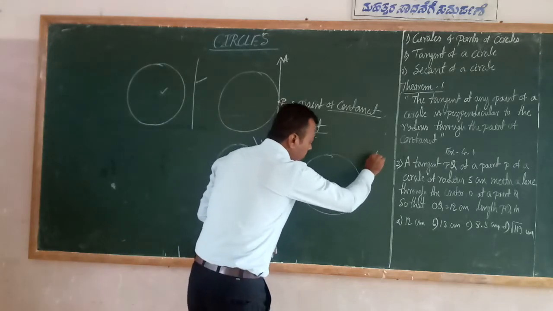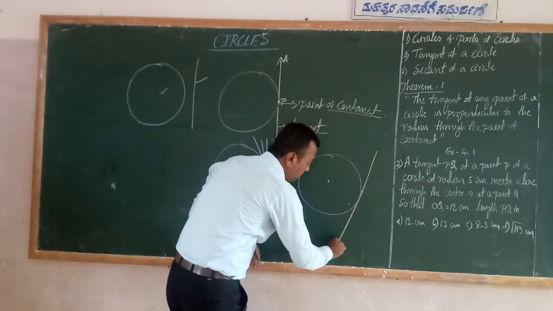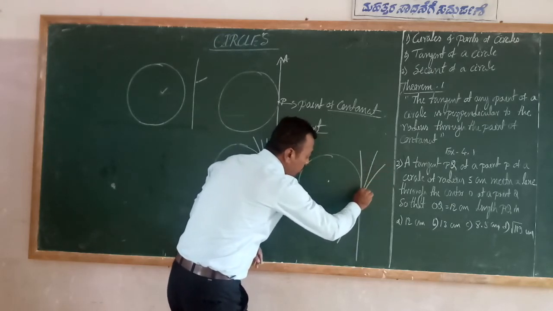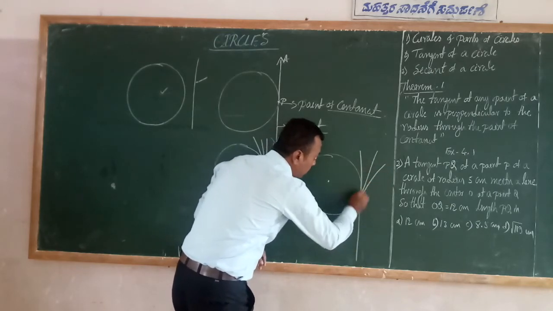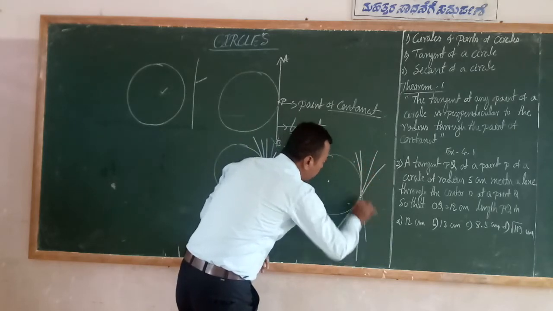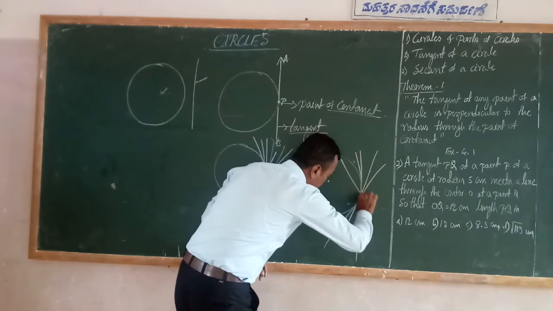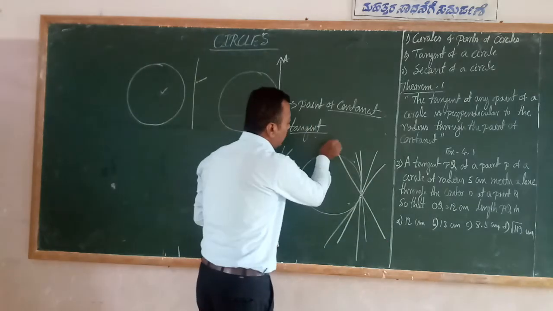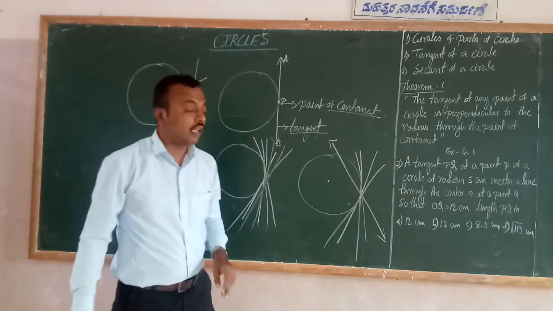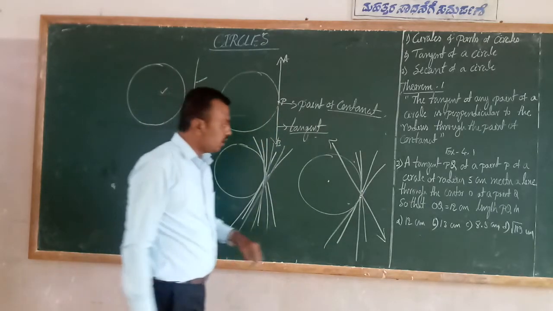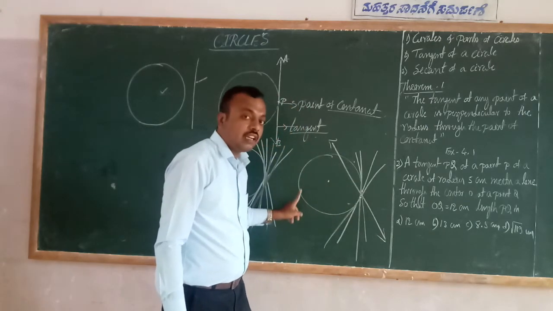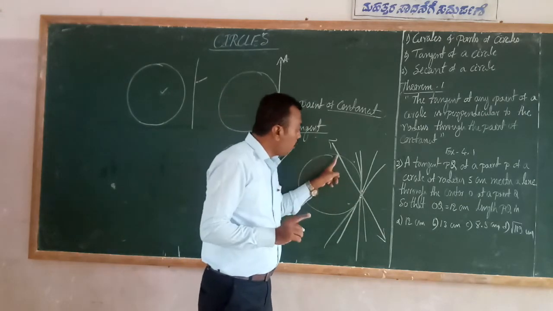I will draw one tangent here. This is also a tangent, and this is also a tangent. And this is also a tangent. And this line, is it a tangent? No, it is not a tangent. Why? Because this line intersects the circle at 2 points.